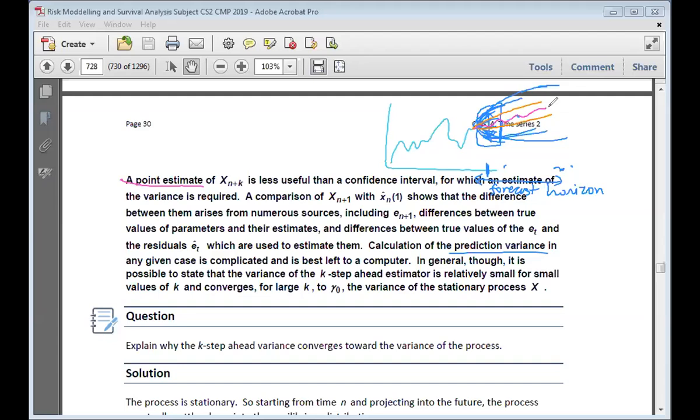So the error from those will still be there. Only the variance in the error has been accounted for. So it will have a narrower range, and it is said that as you increase the horizon, it will converge for large values of K to gamma 0.